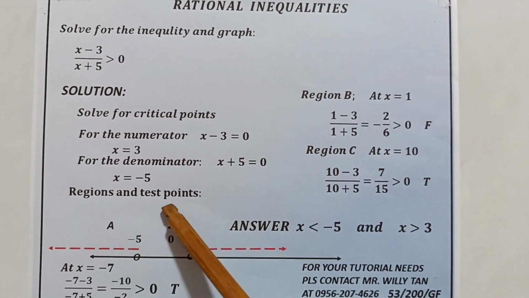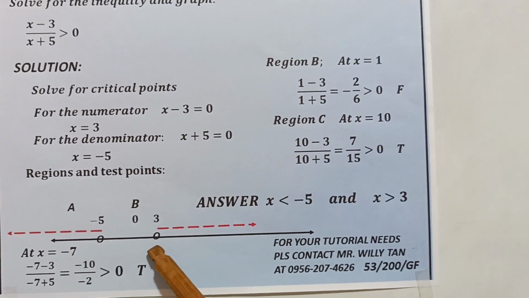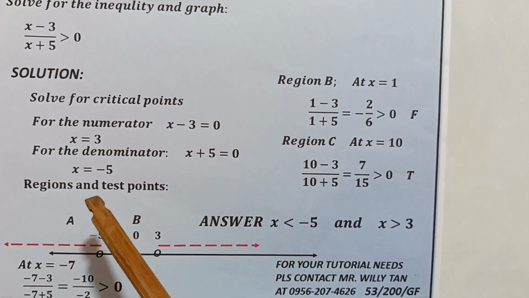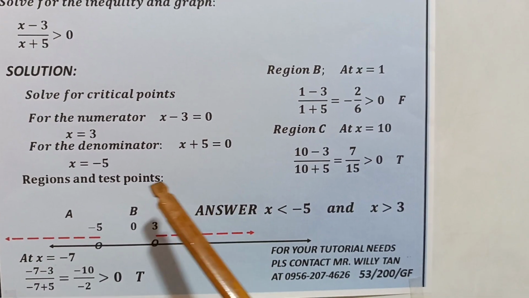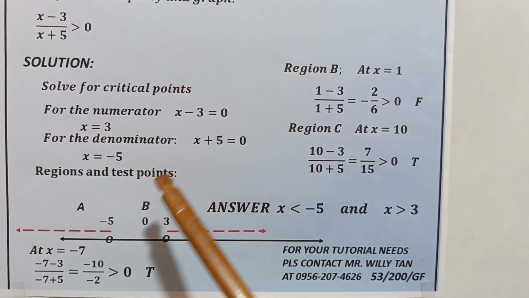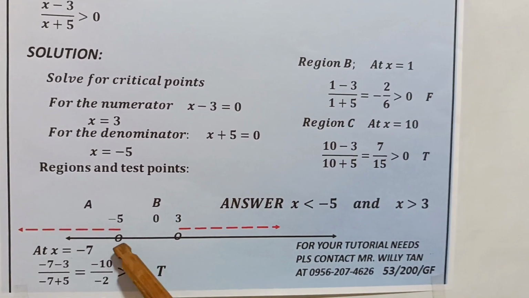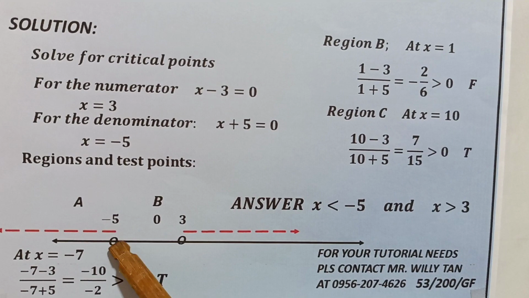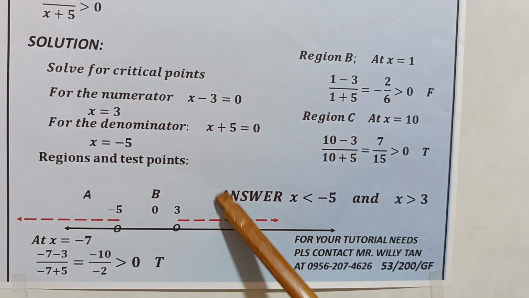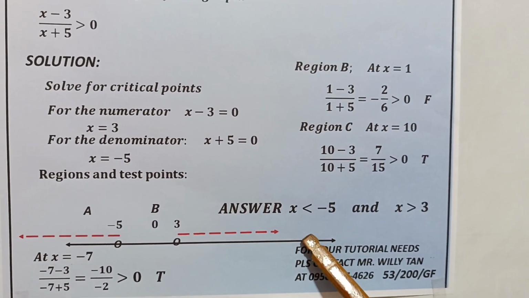And also test the regions and test points to see if they hold true for the given inequality. We divide the number line into 3 regions, A, B, and C. Region A is from negative infinity to negative 5, region B is from negative 5 to positive 3, and region C is from positive 3 to positive infinity.